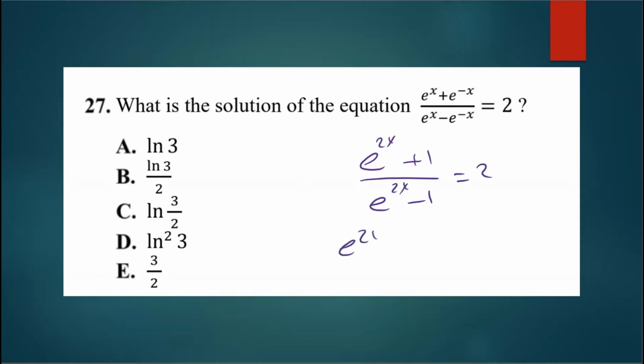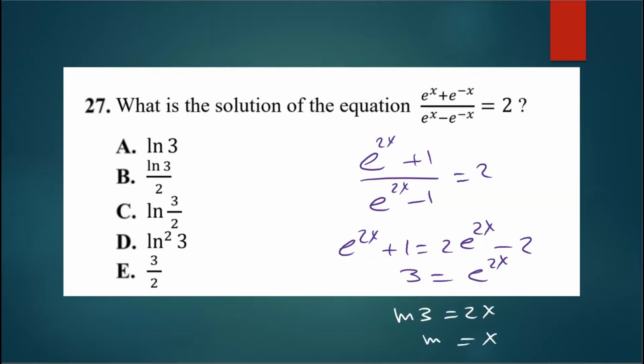So e power 2x plus 1 is 2e power 2x minus 2. Try to isolate that. It will be 3 equal e power 2x. And finally, you can rewrite that by taking the logarithm for both sides. So ln 3 is the same as 2x, and x then equals ln 3 divided by 2. Ln 3 over 2 definitely is B.